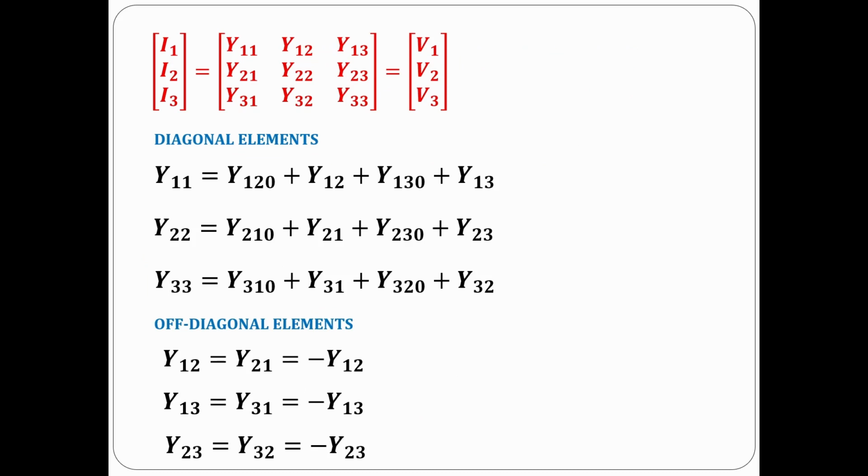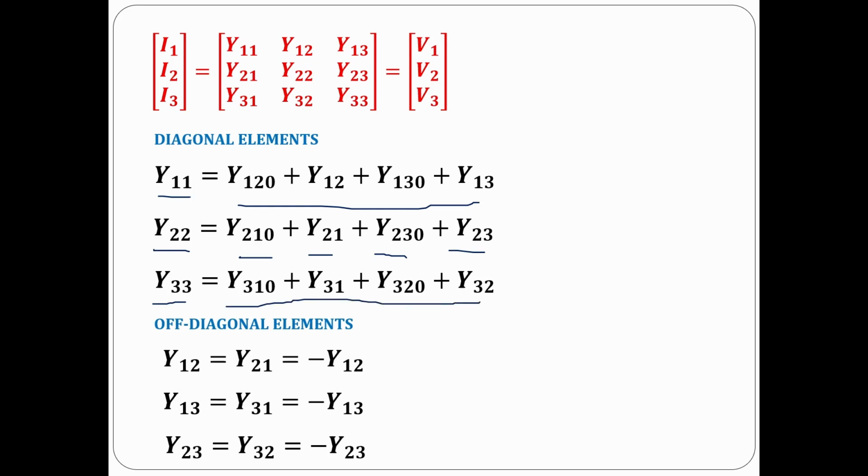The self-admittance Y11 is equal to the summation of Y120, Y12, Y130, and Y13. The self-admittance for bus number 2 is Y22, which is equal to Y210 plus Y21 plus Y230 plus Y23. And for bus number 3, the self-admittance is Y33, which is equal to the summation of Y310, Y31, Y320, and Y32.